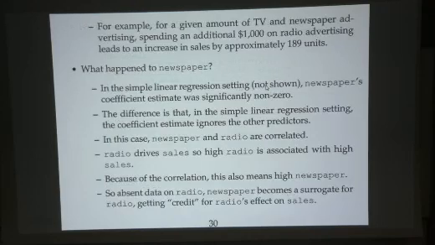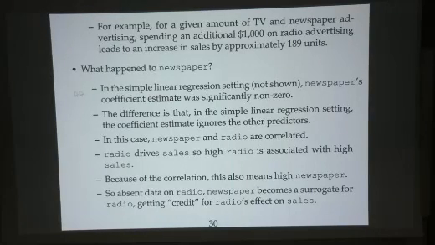So radio drives sales high. That means radio has a significant effect on the sales, and because radio is correlated with the newspaper, if you run the newspaper versus sales simple linear regression, it will show that the newspaper also has a significant effect on the sales.